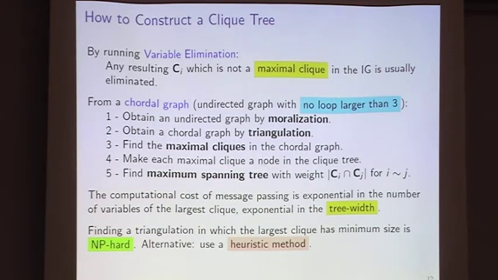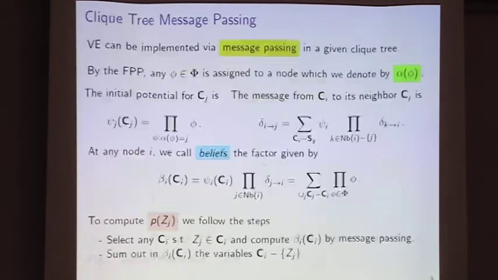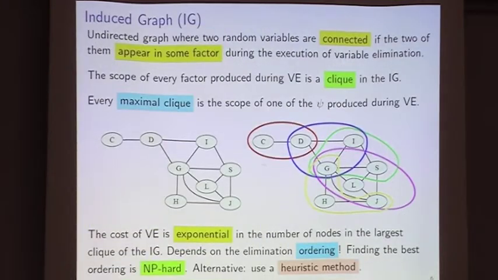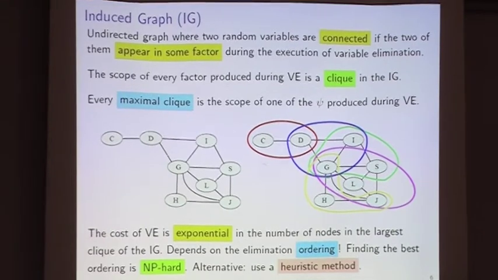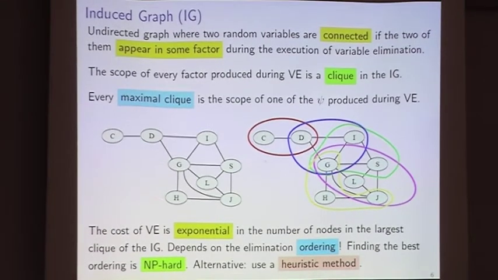And in that graph, we will find the maximal cliques in that triangulated graph. And we will just make each node in the clique tree correspond to one of the maximal cliques in the chordal graph. So basically, during the execution of variable elimination, we obtained an induced graph which does not have any loop larger than 3.